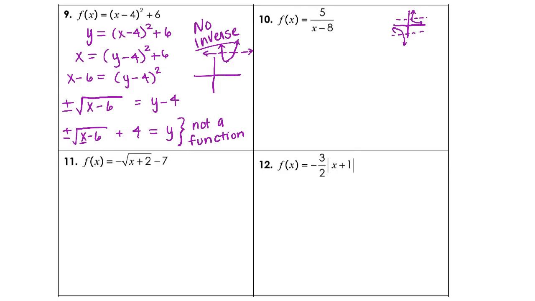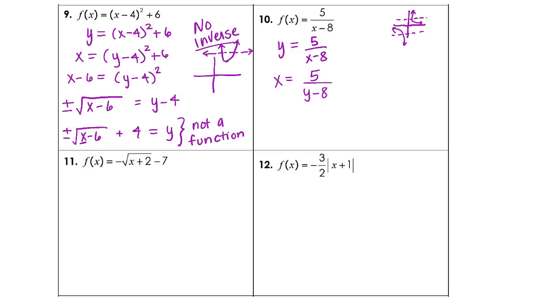So again, yeah, that's going to give us an inverse. So let's go ahead and find it. So we're going to say y equals 5 over x minus 8. We're going to exchange places with x and y again as usual. So we have x equals 5 over y minus 8. Now we're going to try to solve for our y.